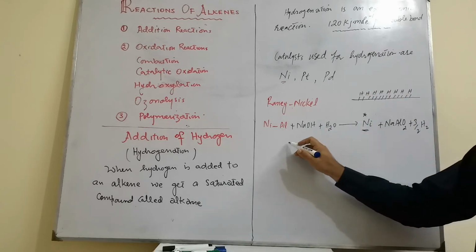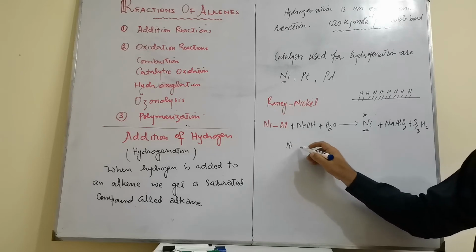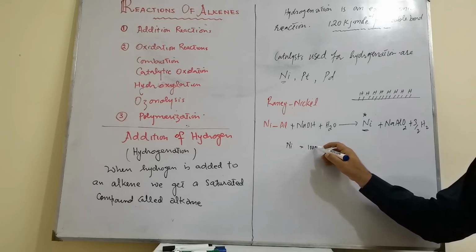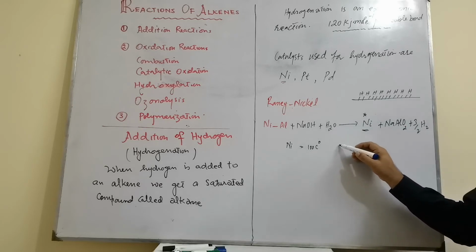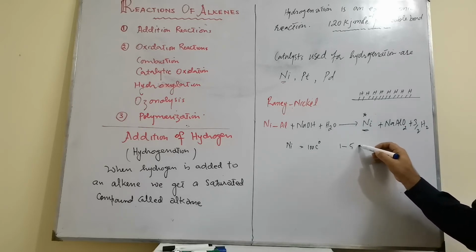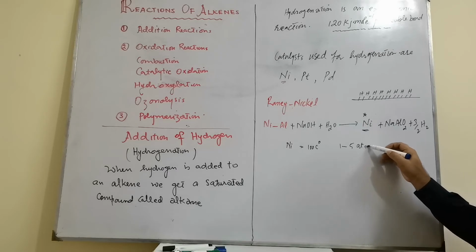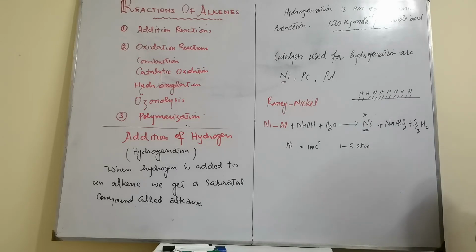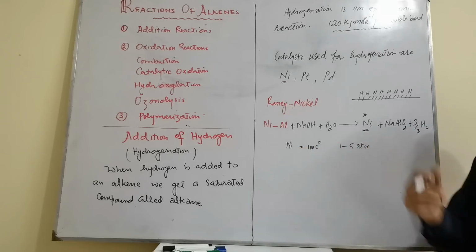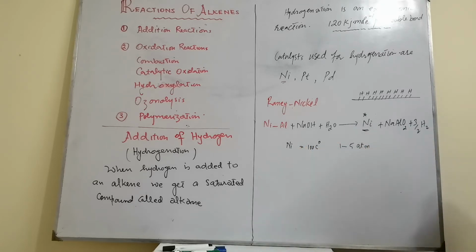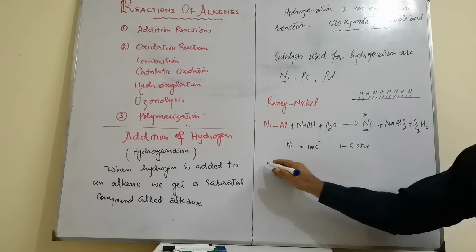Now nickel can react at 100 centigrade and at mild pressure, that is 1 to 5 atm. Mostly alkenes give addition reaction at this low temperature. Usually we need 200 to 300 temperature for hydrogenation.